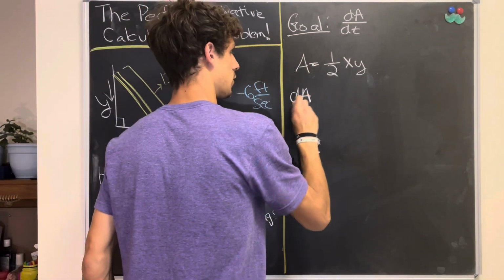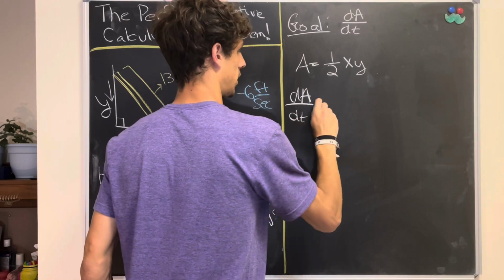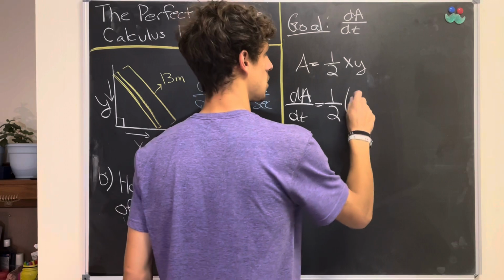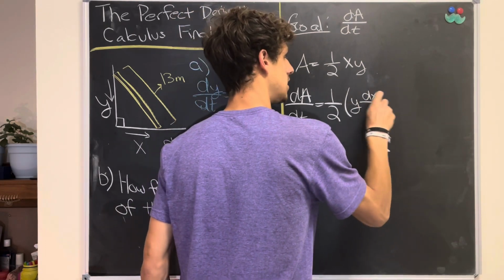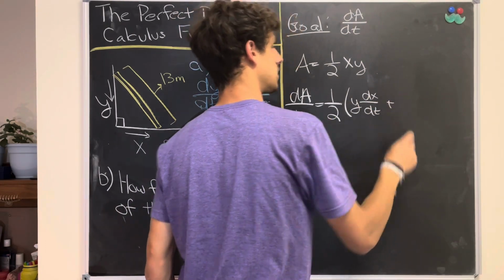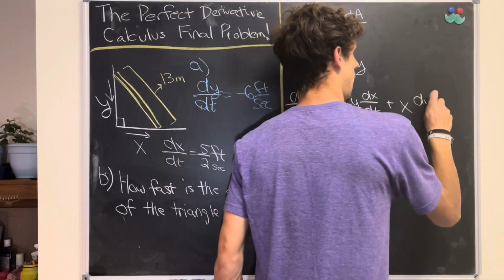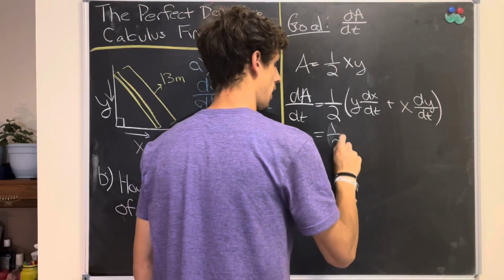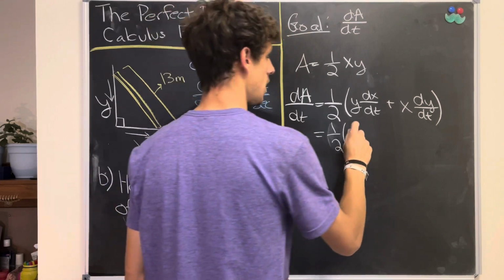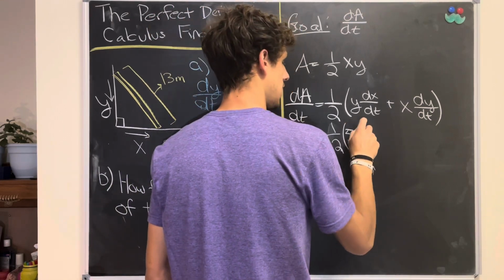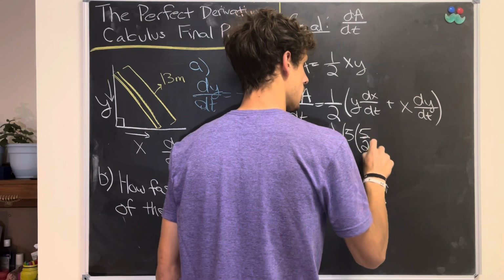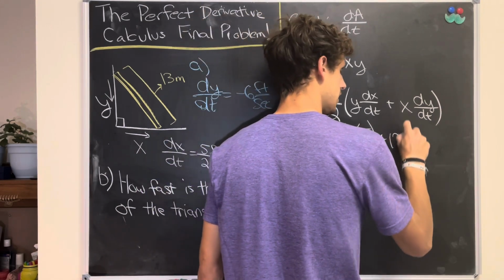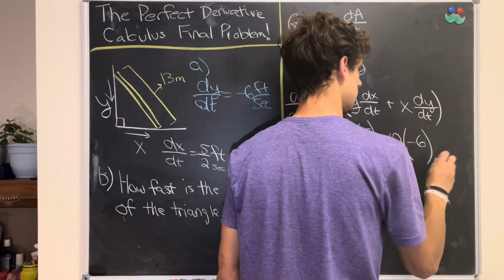We'll have dA over dt, which is exactly what we're looking for. That's nice. Equals 1/2 times y dx dt plus x dy dt. But now plugging everything in, we'll have 1/2 times 5 times 5 over 2 plus 12 times -6.